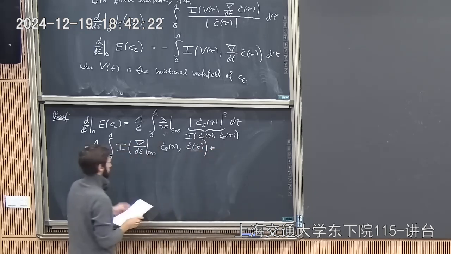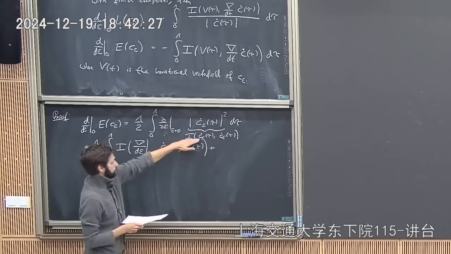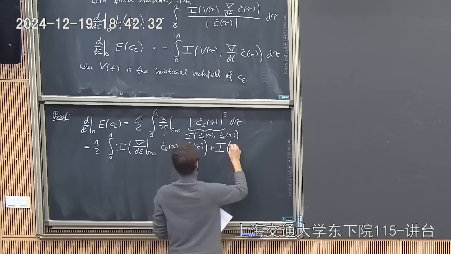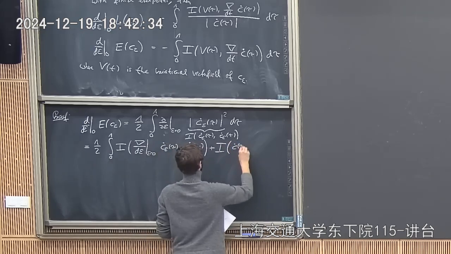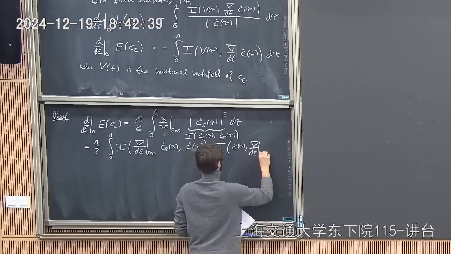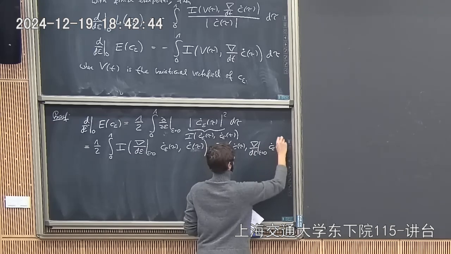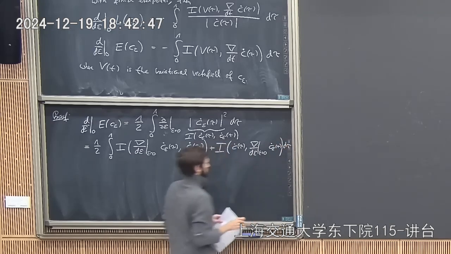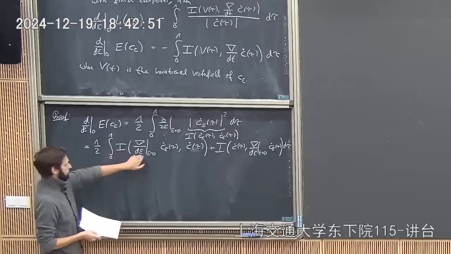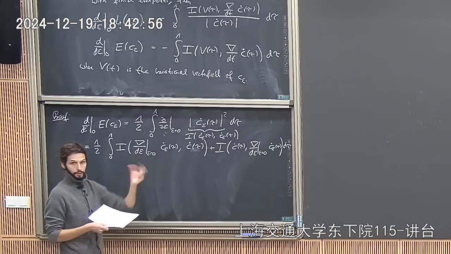And then we get a similar expression, but this time we take the covariant derivative in the second slot and have to replace the first. So in this case we have C of tau, covariant derivative, epsilon equals 0, C dot epsilon. And then we integrate all of that over tau. So now we are happy because both of these terms are the same, because the first fundamental form is just a dot product which is symmetric.